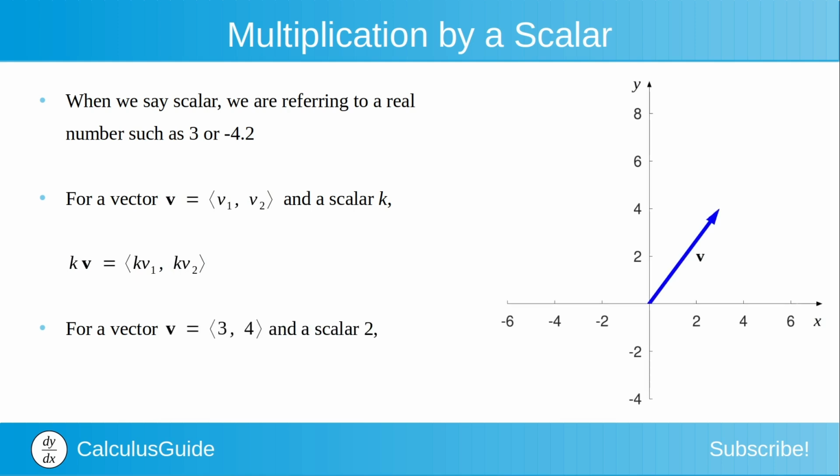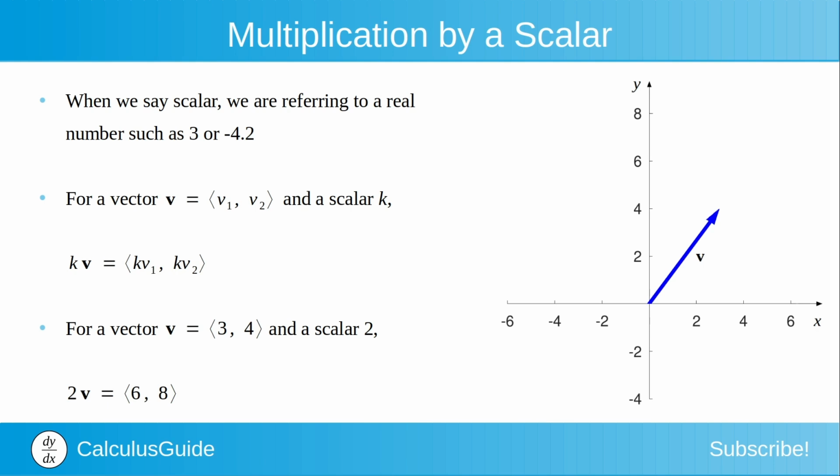For a vector v equals ⟨3, 4⟩, which is currently shown to the right, and a scalar 2, 2 multiplied by v is equal to ⟨2 multiplied by 3, 2 multiplied by 4⟩. 2 multiplied by 3 is 6, and 2 multiplied by 4 is 8.